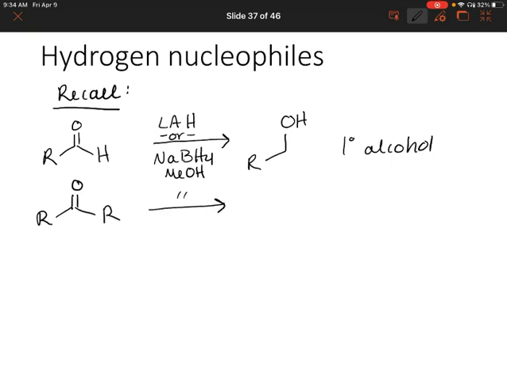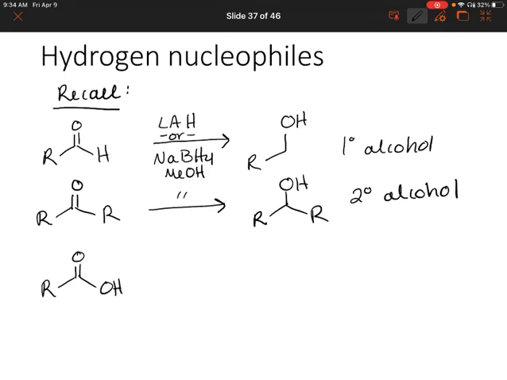So you can use those same reagents, but this time you'll end up with a secondary alcohol. So you can also reduce carboxylic acids and esters using lithium aluminum hydride, and that will give you a primary alcohol. Now, in this chapter, we're really focused on aldehydes and ketones, but it's always good just to kind of review.